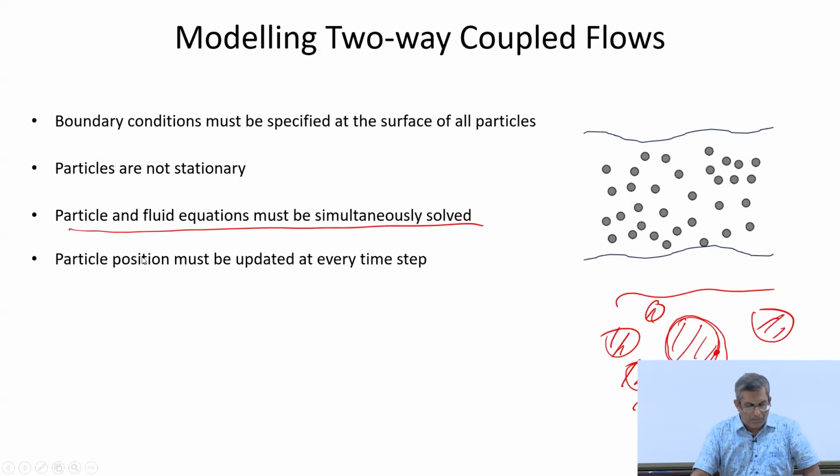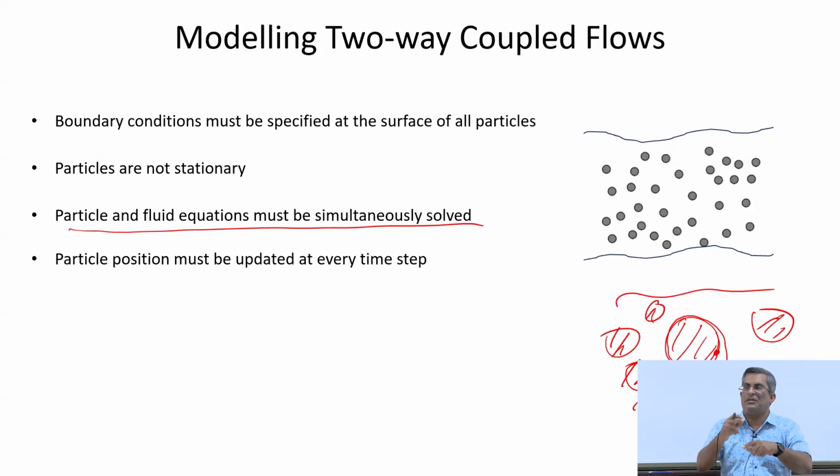But particle position must be updated at every time step. But do you know the particle position beforehand? So you start with some particles, but you have to calculate in the next step where the particles are, and then again implement the boundary condition there.